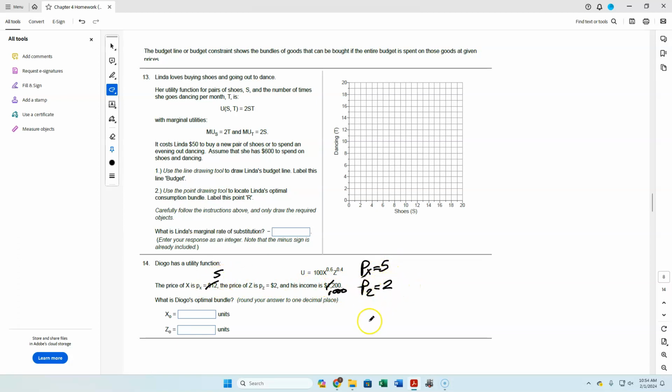PZ equals 2, PX over PZ is 5 over 2. Okay, so here's my price ratio. Now we're going to do MUX over MUZ for our MRS. I'm now going to do the exponent rule, so that's 60x, right?